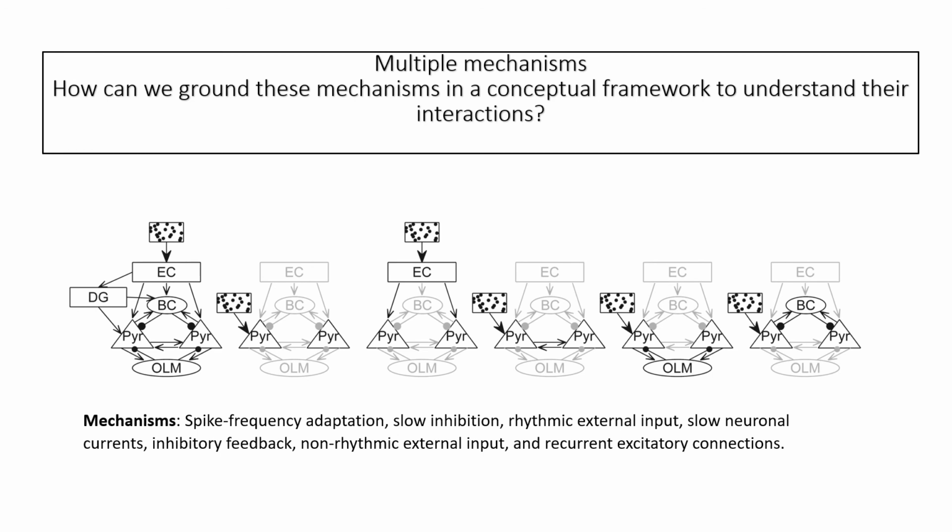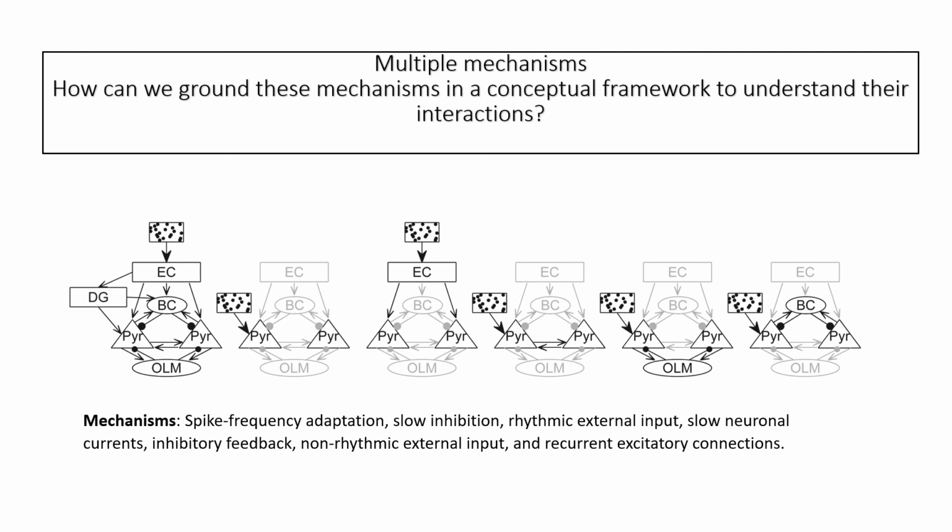So by running these experiments, we found several things that lent to theta generation: the spike frequency adaptation, the slow inhibition, rhythmic external input, slow neuronal currents, as well as inhibitory feedback, non-rhythmic external input, and recurrent excitatory connections.